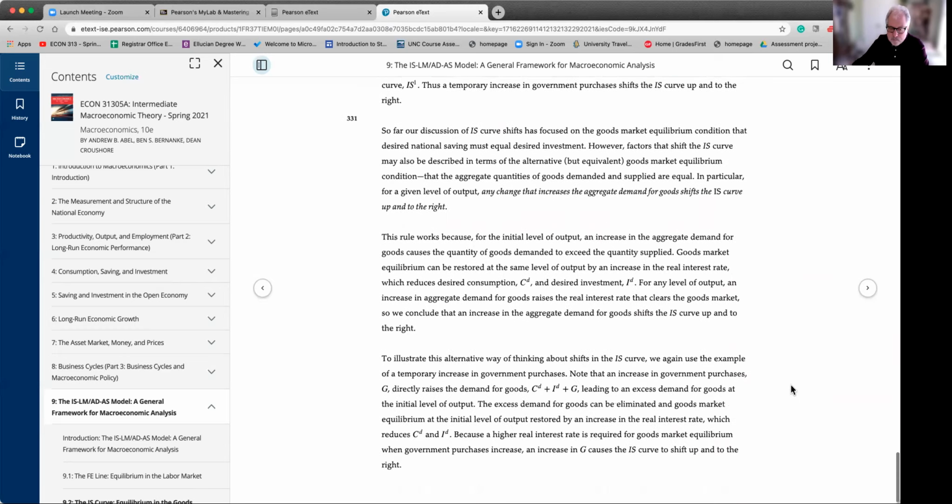There are other examples that you could use from that summary table. Changes in any of those variables will shift the IS curve, and I encourage you to convince yourself of what happens to the IS curve when there's a change in one of those factors that shifts either desired saving or desired investment in the goods market.